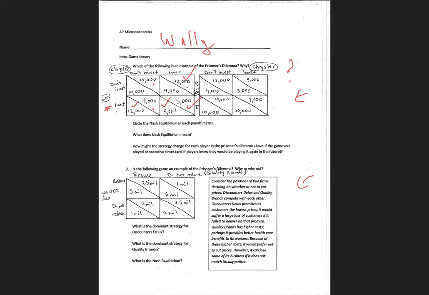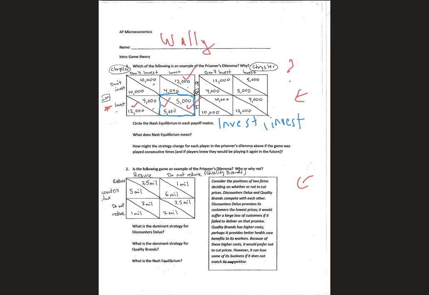If you put little arrows next to each player's best response, depending on what the other player is doing, you might have a cell where both players are playing their best response. That's going to be the Nash equilibrium. So in this case, the Nash equilibrium is invest, and that's going to be the answer to that question.